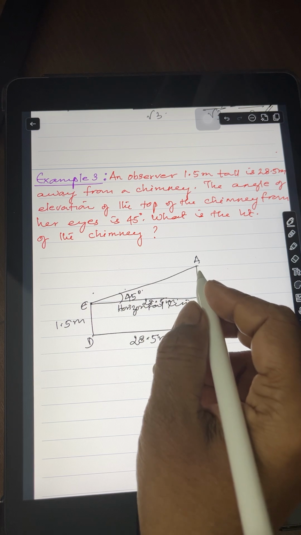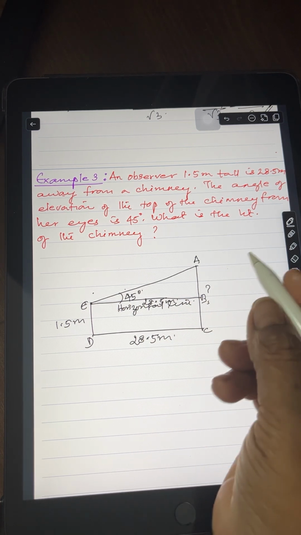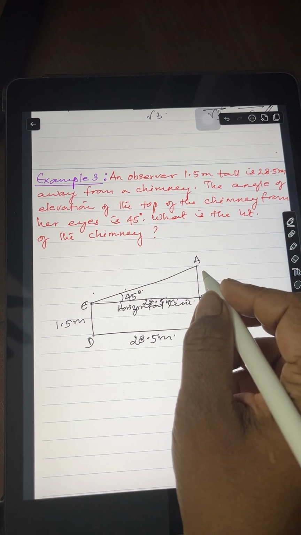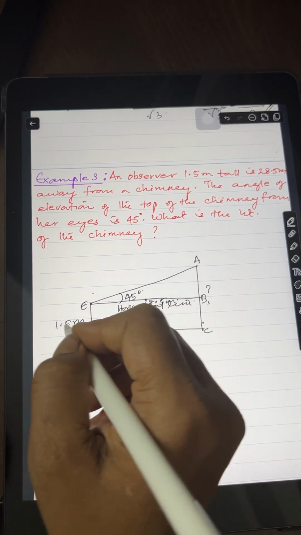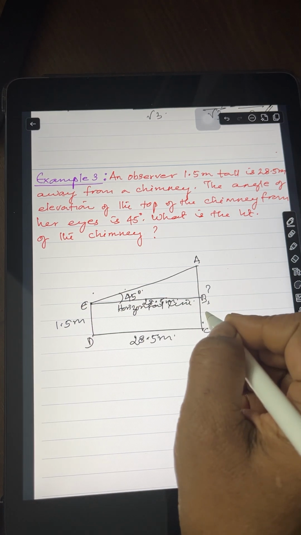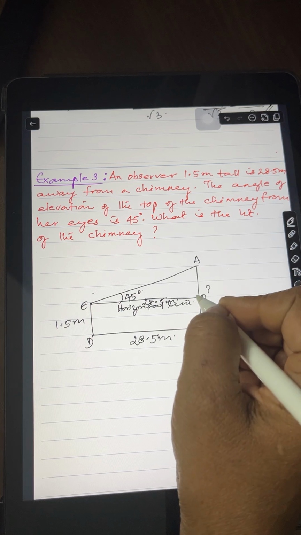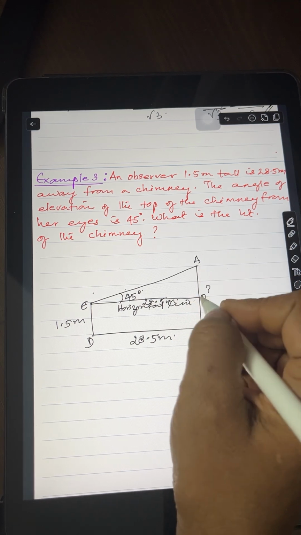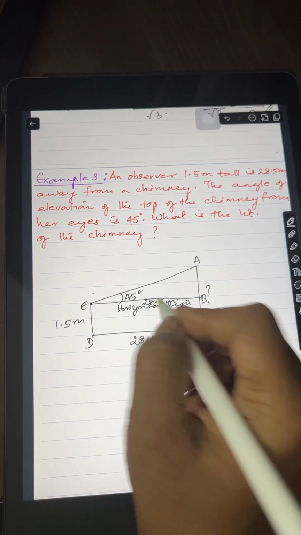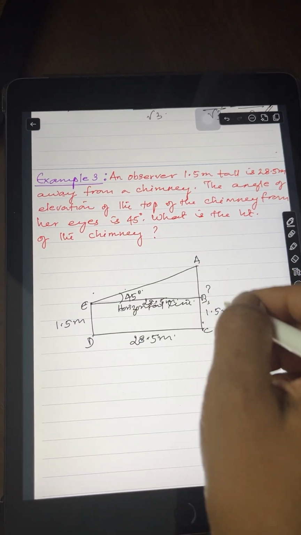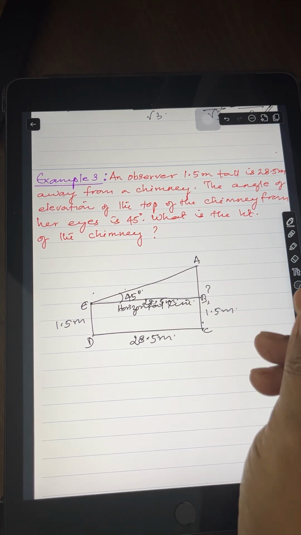You can find out partly the height of the chimney, and then you can add, because here it is 1.5, so this is also 1.5 meter. So part of the chimney AB can be found out with the help of this angle and this measurement. After you find out, then you can add and you can find out the value of AC.